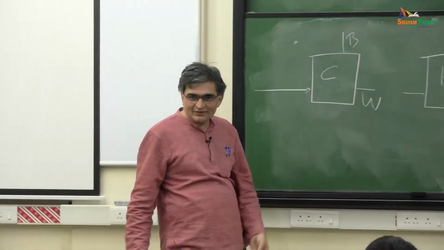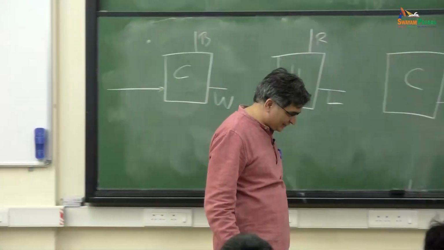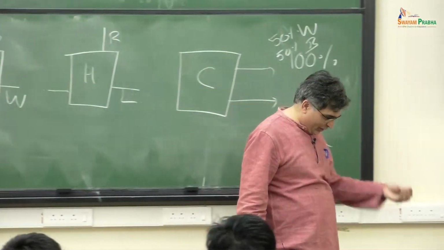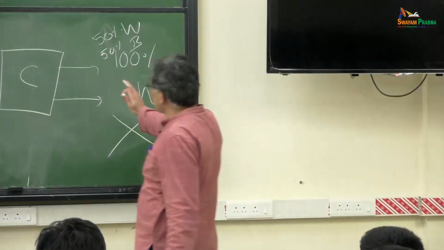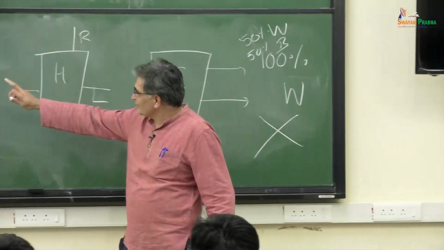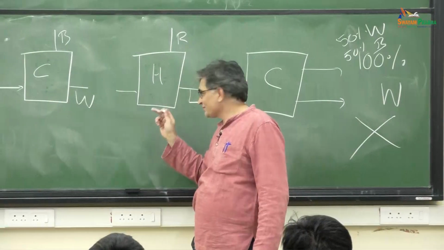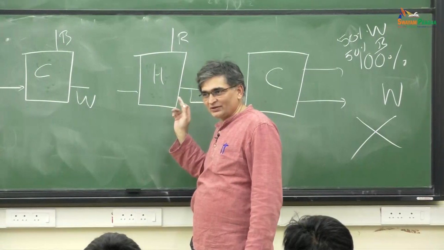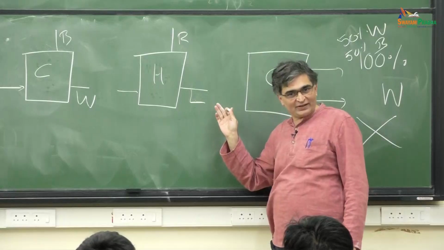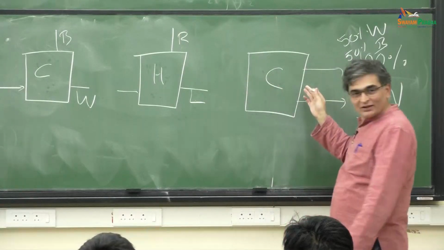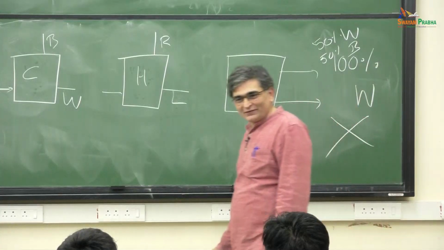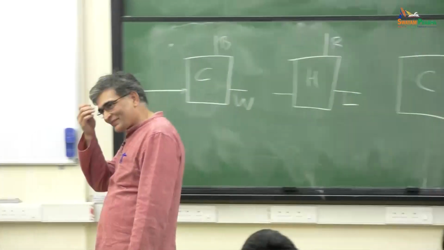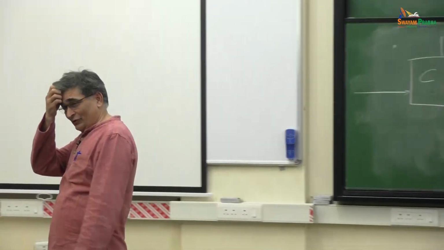Any color box produces a white electron, it detects it as a white electron. But when you have a color box, a white came out, then it went to the handedness box, and it turned out to be left-handed. If you put it again in a color box, 50-50: 50% of them are black, 50% of them are white.